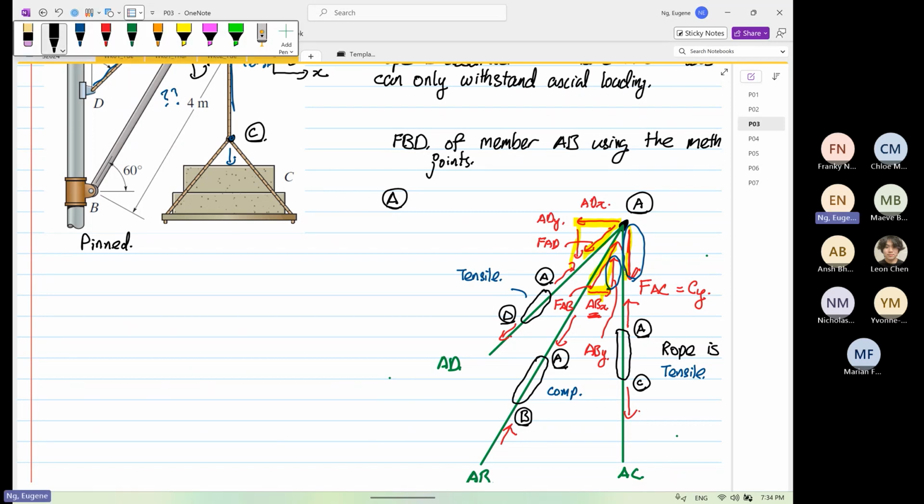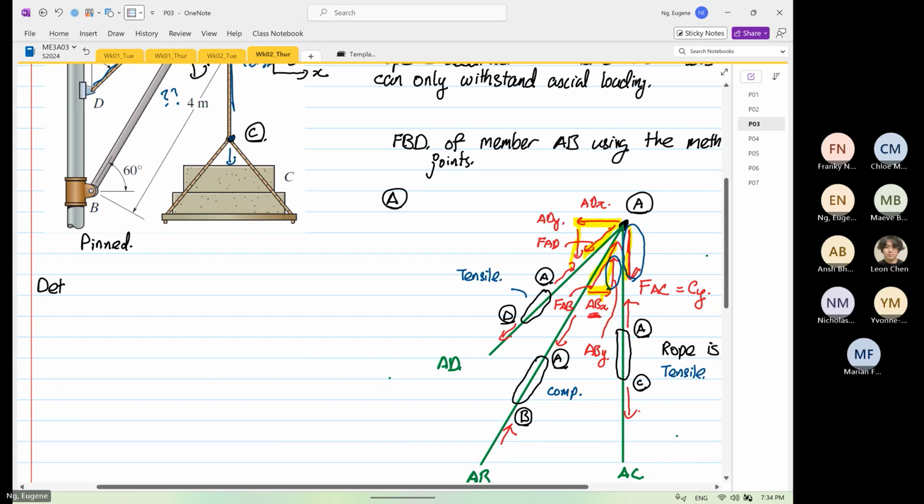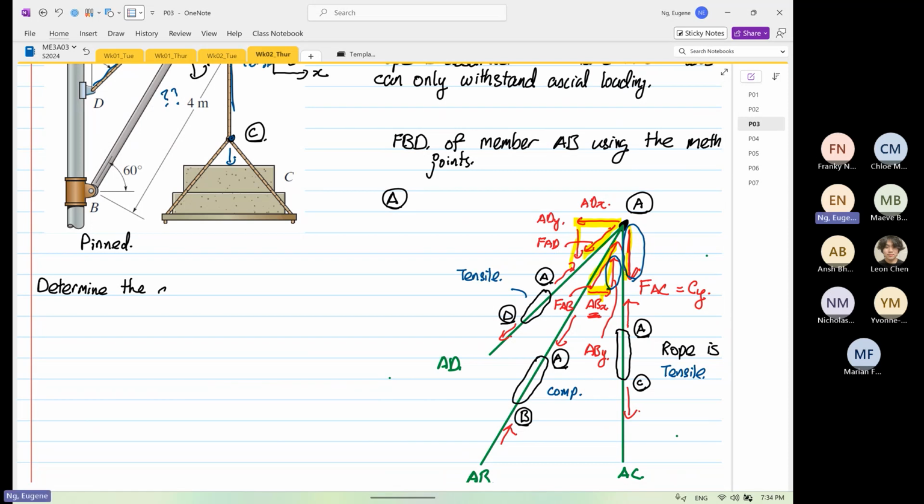So this problem, just to refresh your memory, we have to determine the allowable mass that the structure can carry at point C. I'm going to put an M down here.